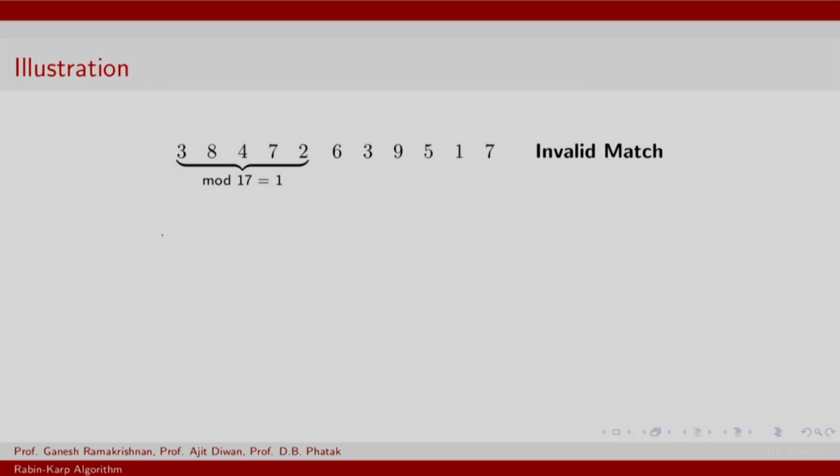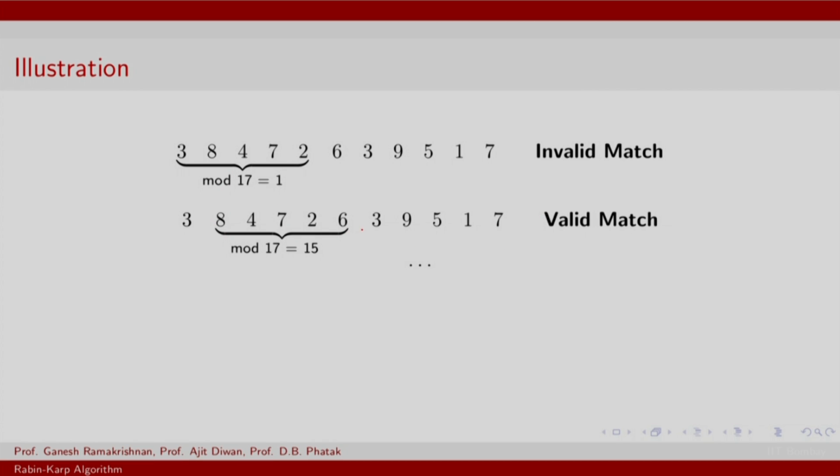So if P mod q was not equal to Ts mod q, one can be very confident that P is certainly not equal to Ts. So we can proceed.